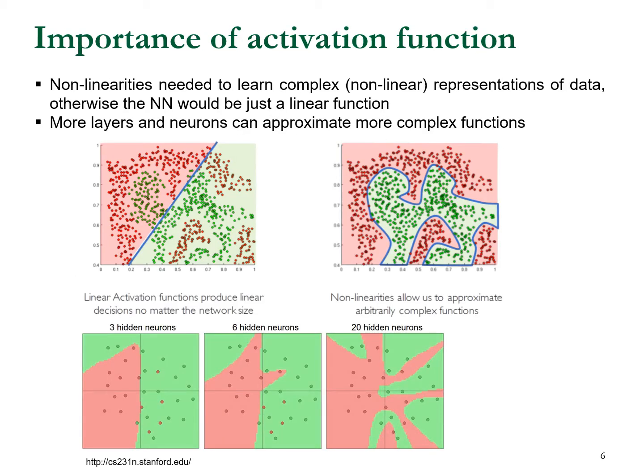Before we move on to the backpropagation algorithm, let's digress a little bit about the importance of the activation function. I said it is important to use a nonlinear activation function in a neural net. If you look at this picture, let's say these are red and these are green class labels.